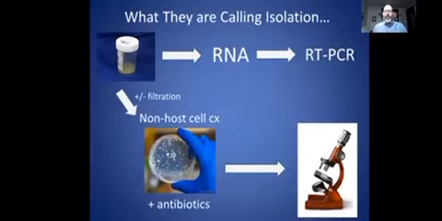Now, here's what the scientists that are publishing articles saying they isolated a virus are doing. They start with the same sample, the lung fluid, but what they do first is they just take the whole thing. They don't filter it or purify it in any way, but they add some enzymes that dissolve the membrane, so it releases all the genetic material that may be inside of cells or particles into the free solution.